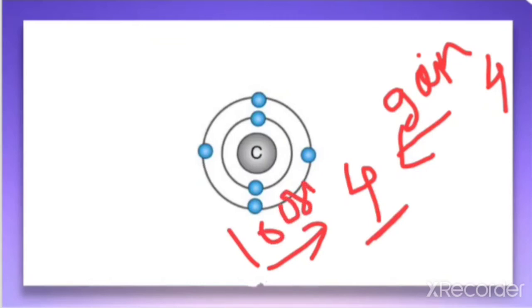Because 4 gaining or 4 losing, which is more possible here? When the number is less than 4, then in that case losing is preferred. But when the number of electrons is more than 4, then gaining is a possibility.